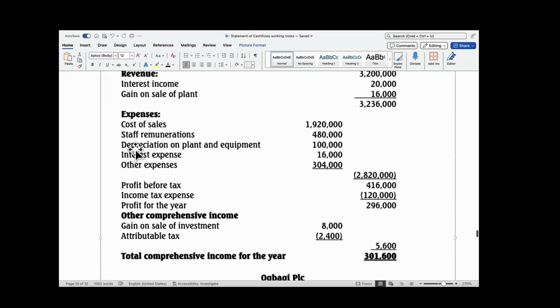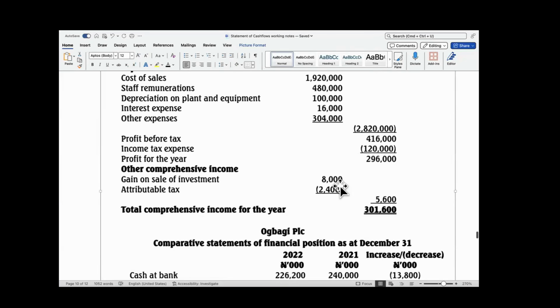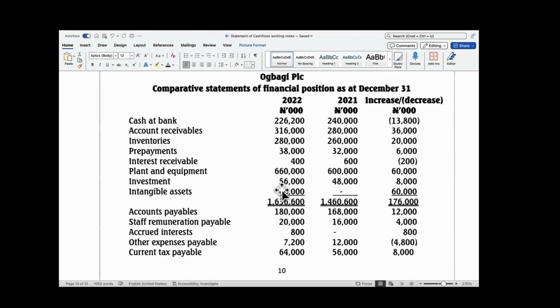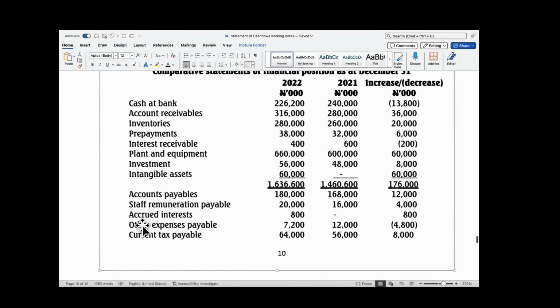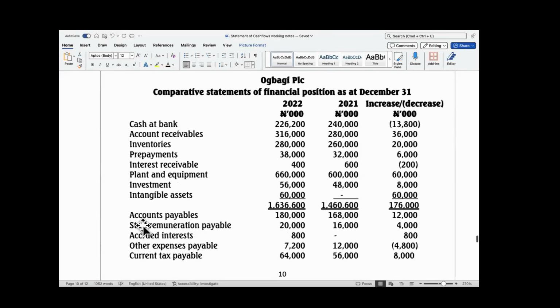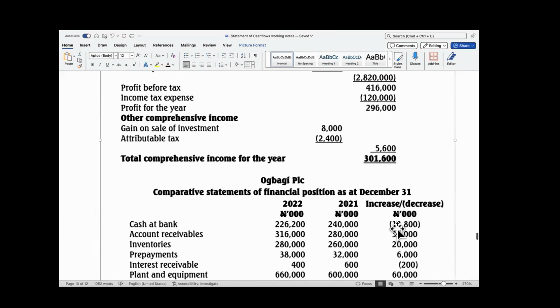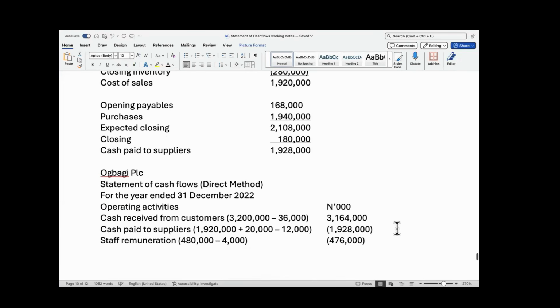Then the next item here is other expenses. So I'll ask myself, am I owing anyone other expense? Yes, I am. There is another expense payable of 4,200. But in this case, I'm not owing additional, it's even a negative amount because it decreased.